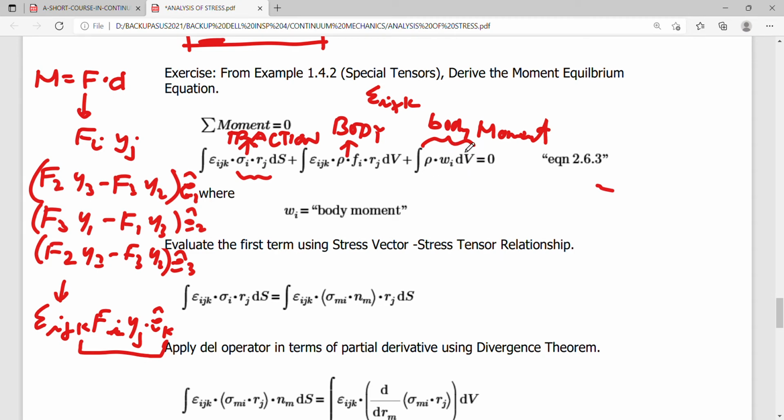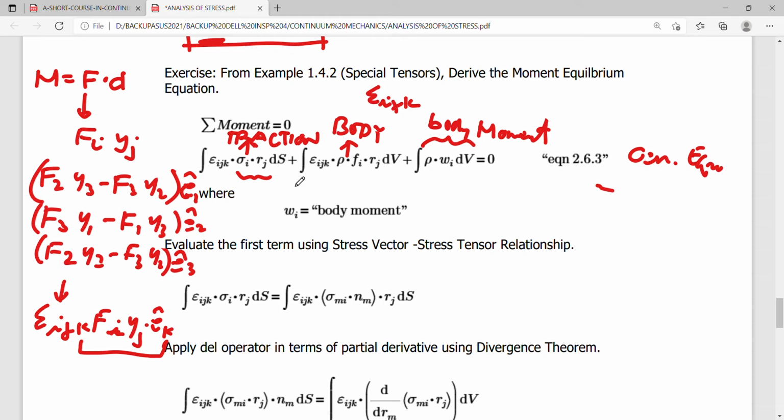And since this is a body moment, in which the direction may be defined differently from one body to the other, we do not consider here a directional unit vector. Okay. So equation 2.6.3 is actually the general equation that defines your moment equilibrium condition.